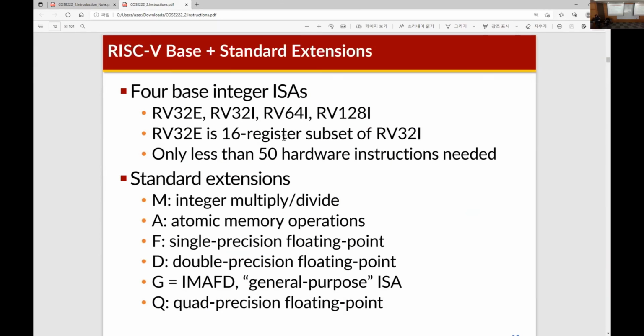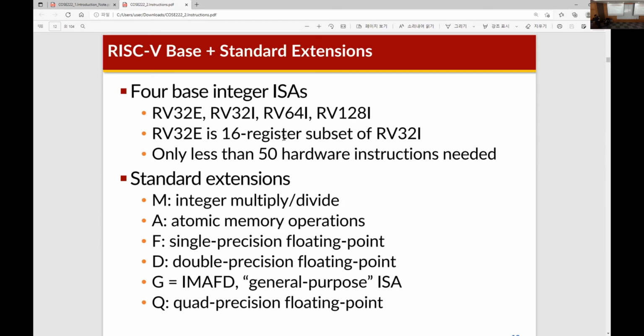Actually, RISC-V supports different types of ISA formats: RV32E, RV32I, RV64I, and RV128I. The I after the numbers 32, 64, and 128 represents the integer type instructions.